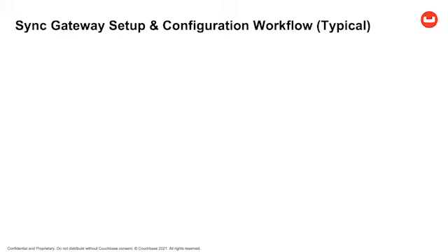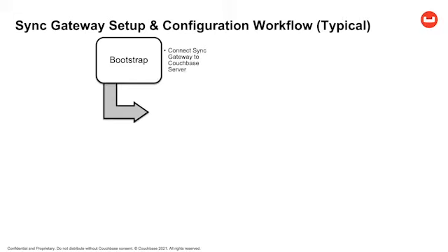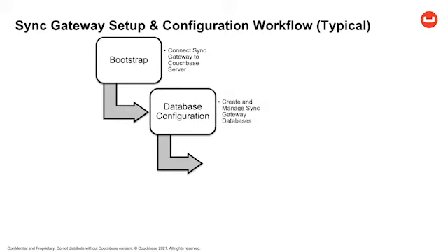So let's walk through a typical workflow that a user would go through in order to set up the sync gateway. You start off with bootstrapping the sync gateway. This is the process where you launch the sync gateway, attach it to a Couchbase server cluster. Next, you configure one or more databases.